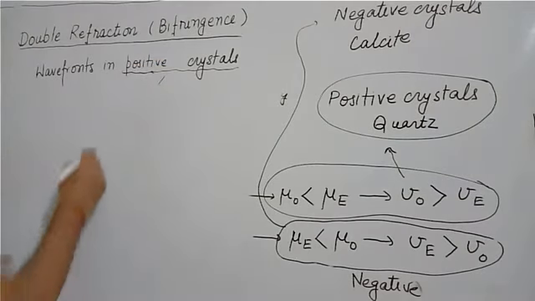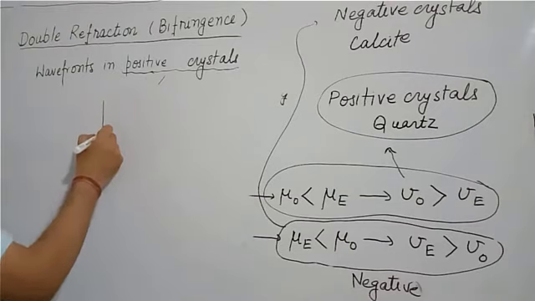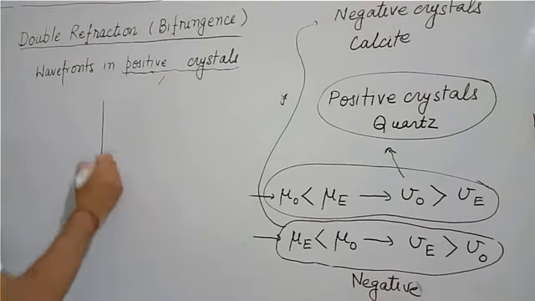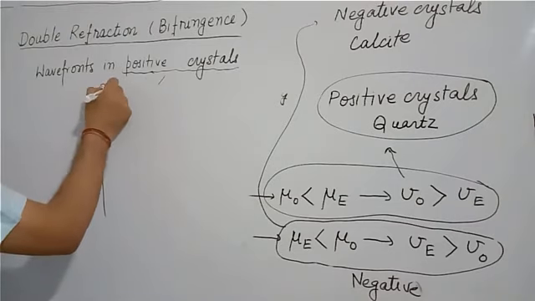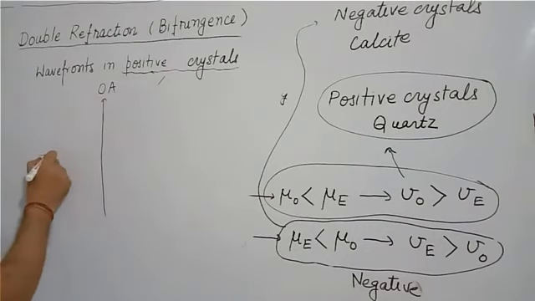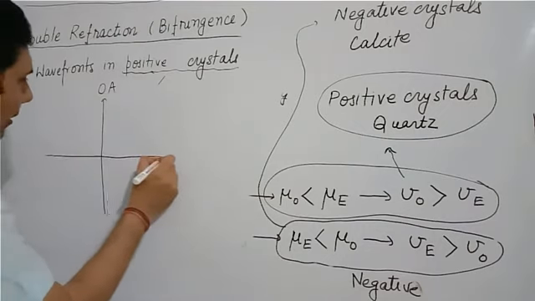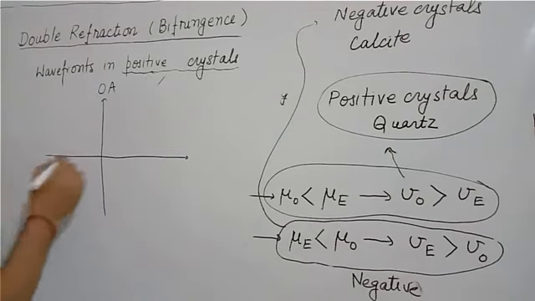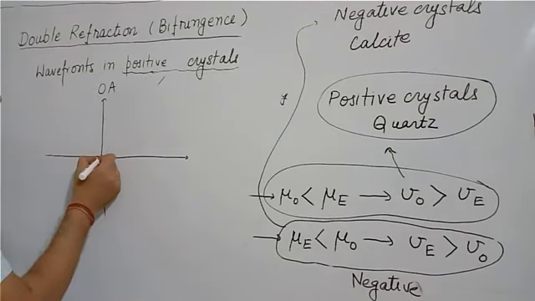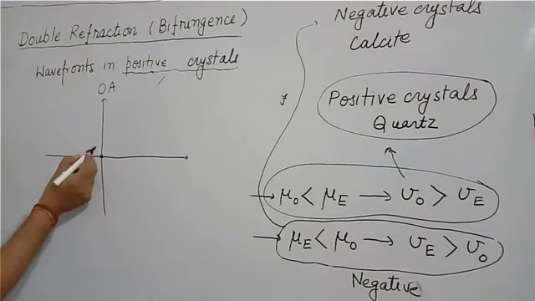In this positive crystal, suppose this is the optic axis of the positive crystal, and this is the perpendicular axis. We place a source here at this point. In doubly refracting crystal, this will emit light, and this emitted light will convert into two types of wavefronts.